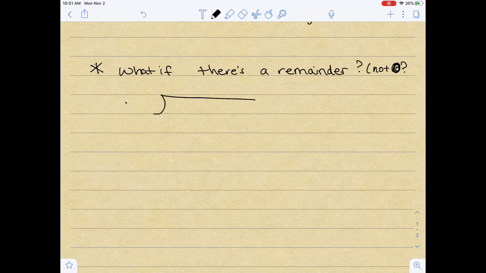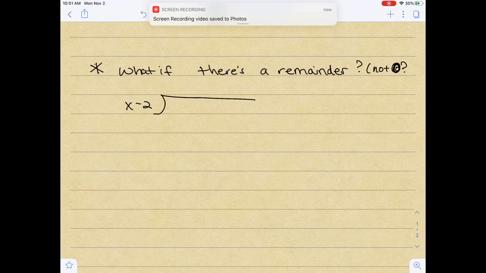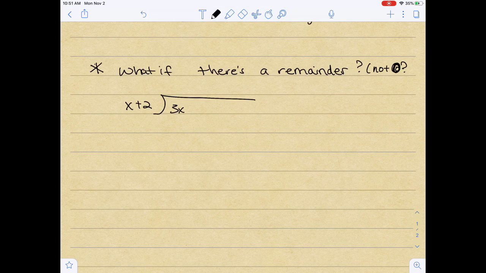Let's say you divided x plus 2 into 3x cubed minus 4x squared minus 28x minus 16. We're going to do all this long division work, which I already showed you, and then we're going to end up having some remainder.